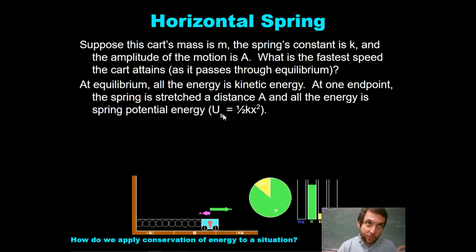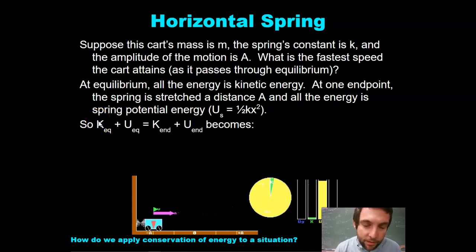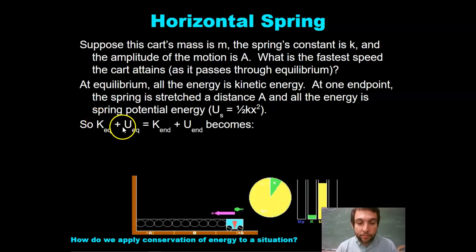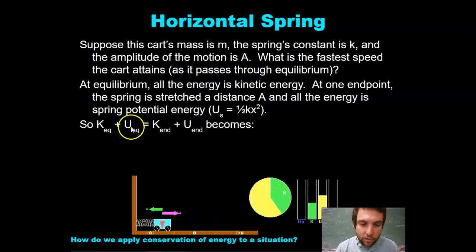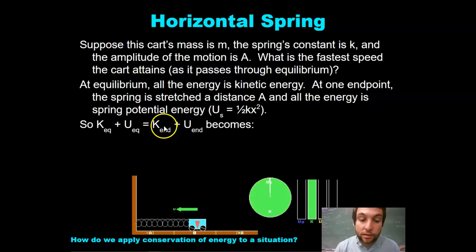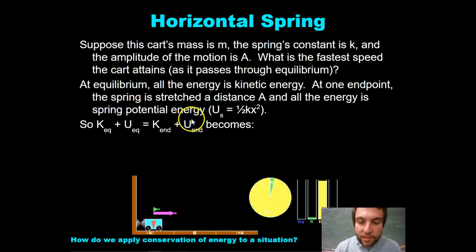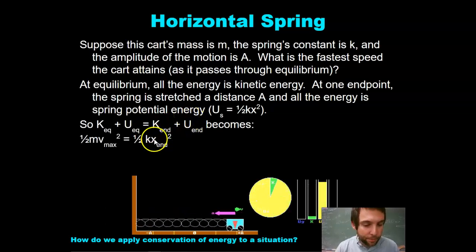So, our equation becomes the kinetic energy at equilibrium, no gravitational potential energy, or no spring potential energy at equilibrium, equals our kinetic energy at the end point, plus the spring potential energy at the end point.